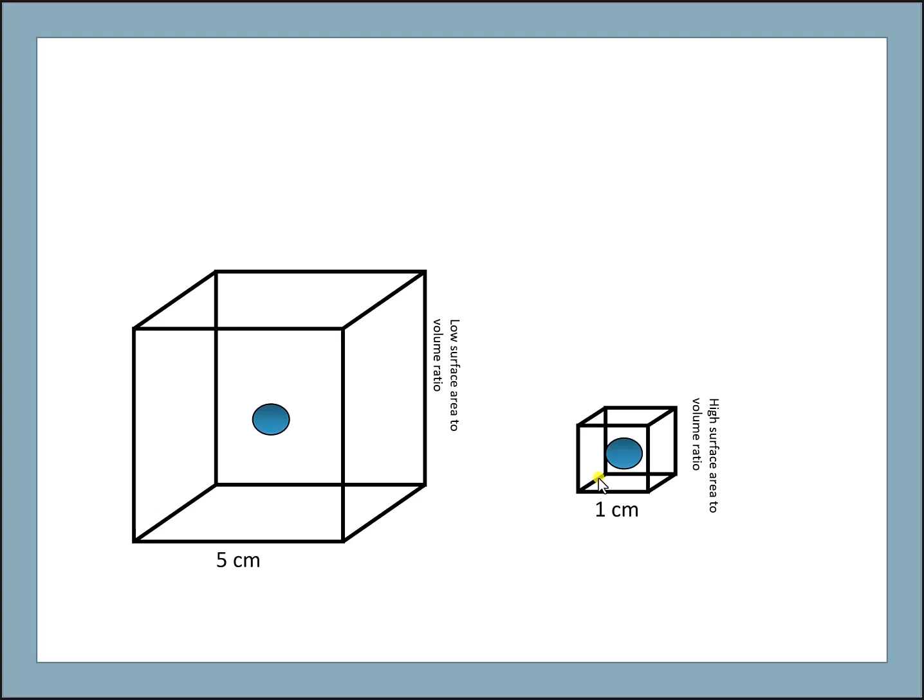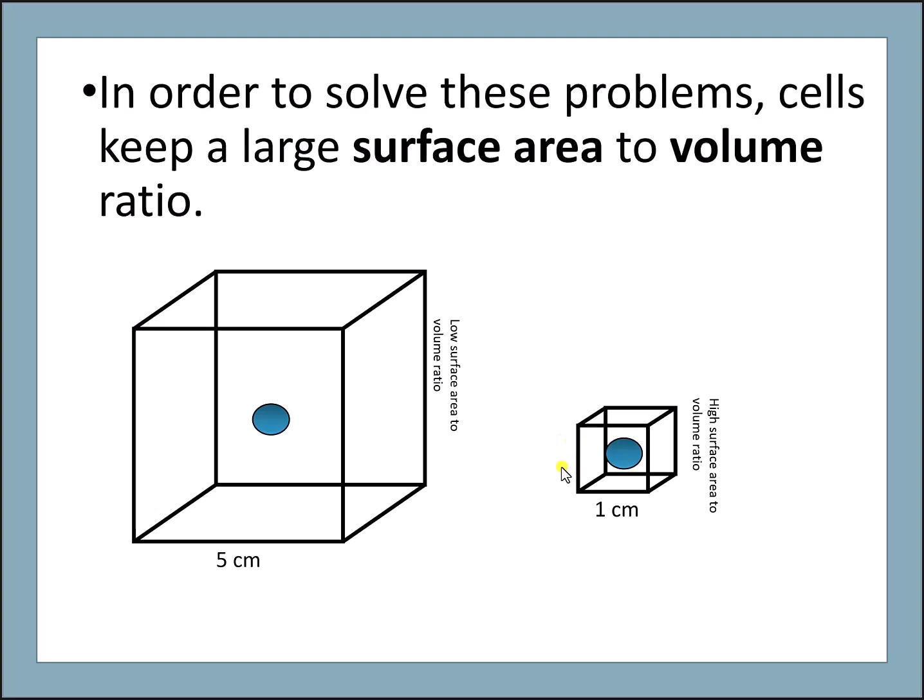In order to move materials in and out of that cell membrane efficiently from the nucleus or to the nucleus or any other part of the cell for that matter, it's going to be a lot more efficient to move things in a small cell like this.